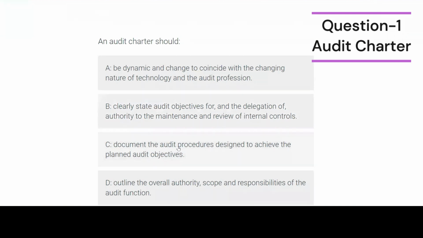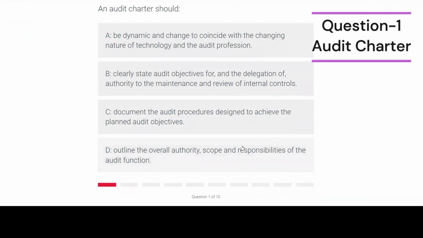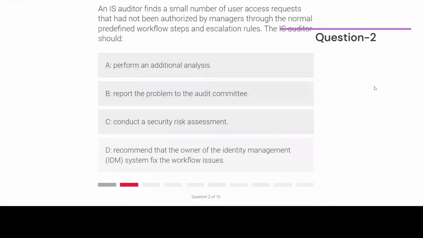Document audit procedures designed to achieve the planned audit objective. This also looks to be a close answer. Outline the overall authority, scope, and responsibility. When you say charter, whether it's a project charter or any other, it is all about authority, scope, and responsibility. I'm going to pick this answer. Let's see whether this is the right answer at the end.